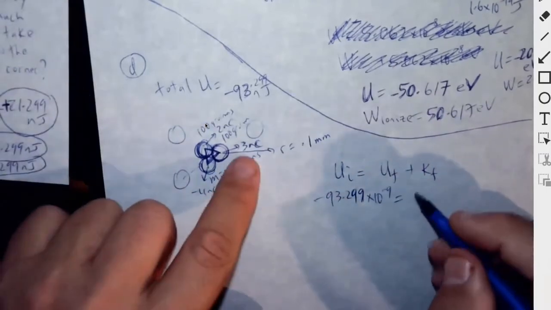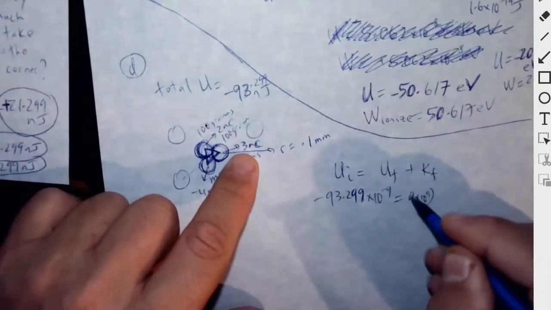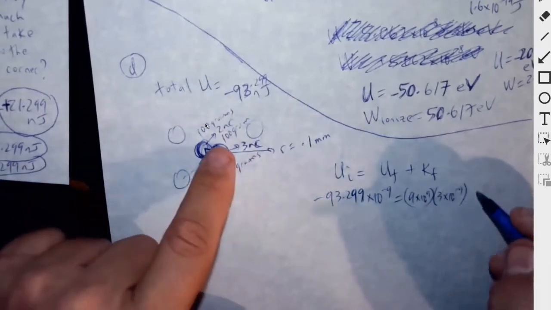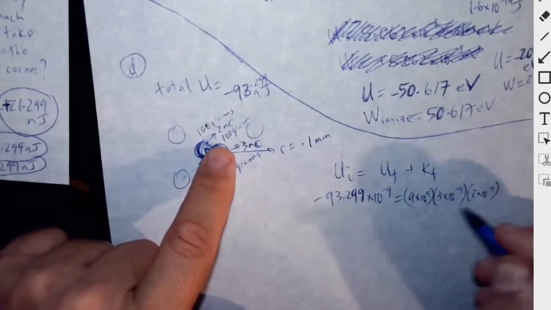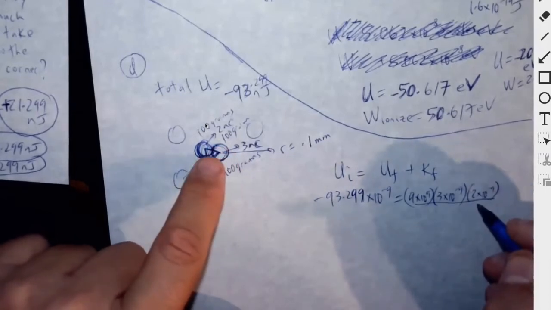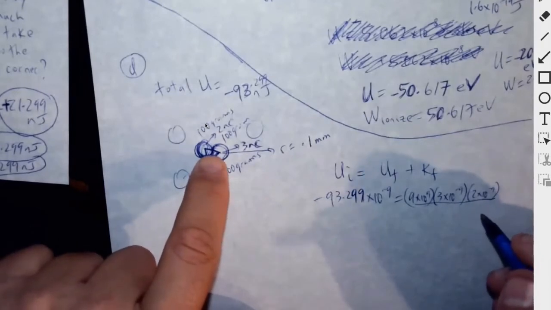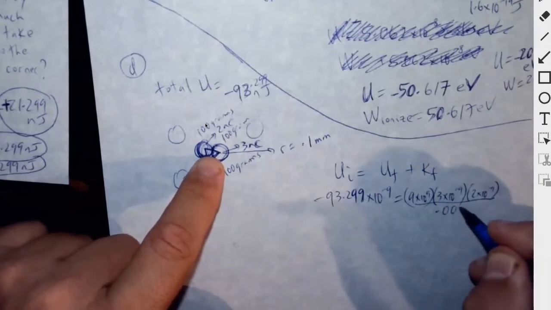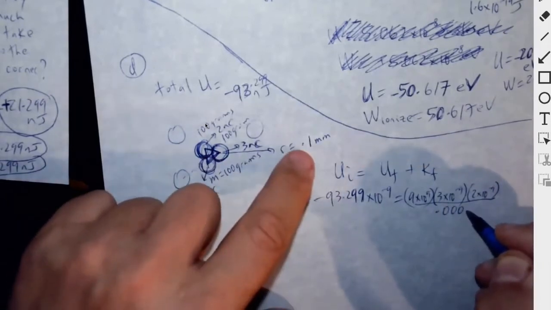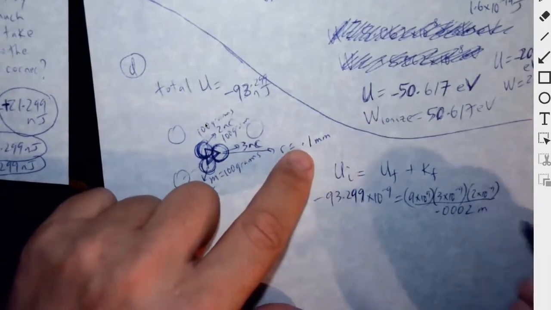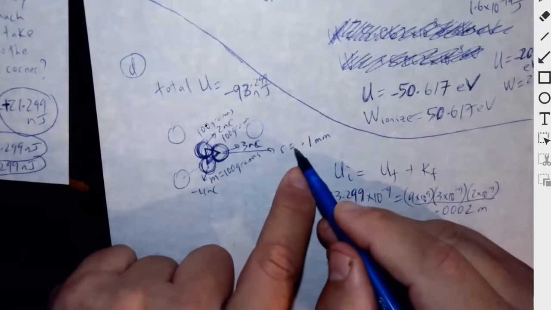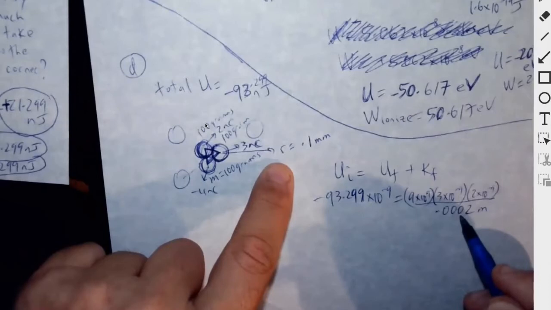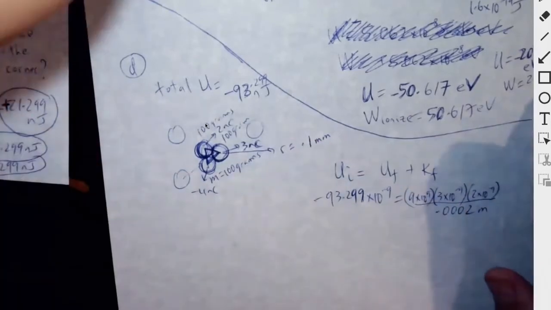Right, so then you have 9 times 10 to the 9th, 3 times 10 to the minus 9, 2 times 10 to the minus 9, over their distance, which is going to be what? Twice their radius, yeah. 0.0002 meters, right? Because you take this 3 decimal places to the left, so that's 3 zeros, but then double the radius.